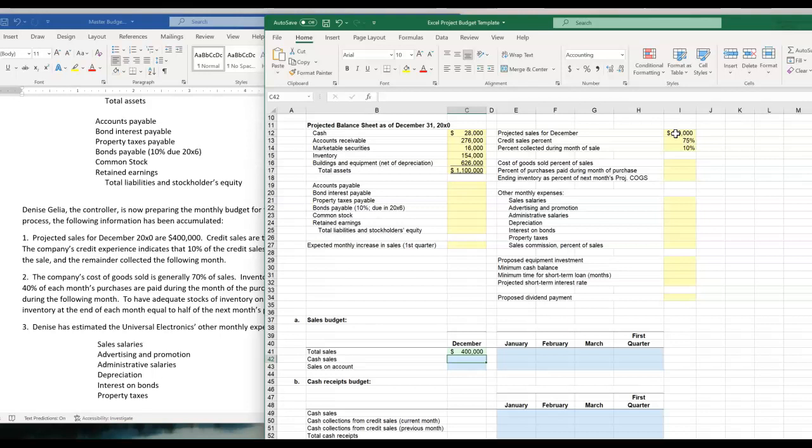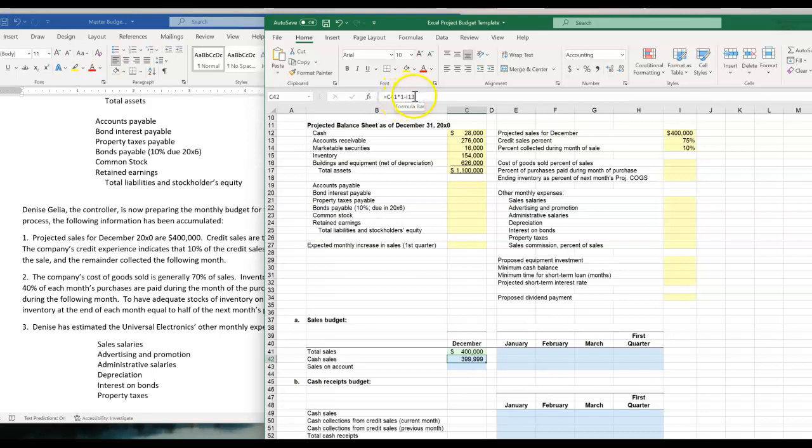And cash sales will be equal to, credit sales are 75%, so they would be 25%. So I'm going to say equal to the 400,000 times 1 minus 75%. That didn't work. Oh dear. 1 minus 0.075 times 1.